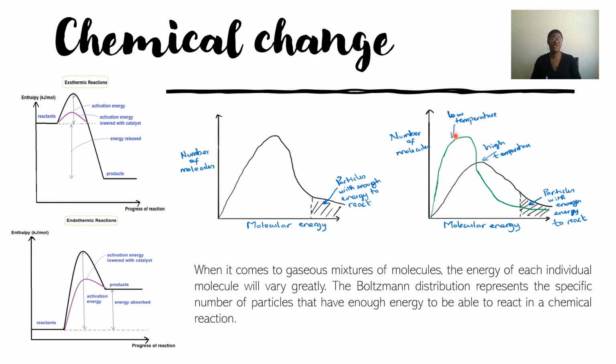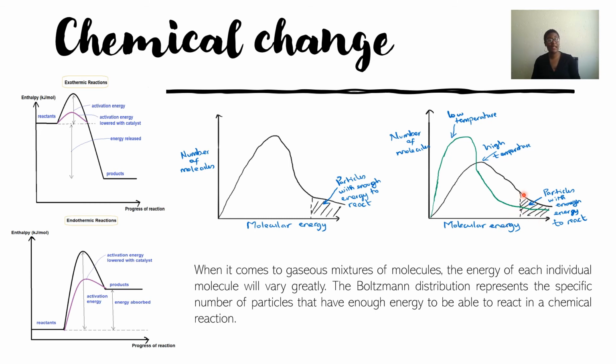Now, if you change the temperature, and temperature is a very important factor, so if there's any question asking you about temperature, you need to take the time to understand, are you dealing with gases? If you're dealing with gases, then your Boltzmann distribution will change, because if there is low temperature, you have far fewer particles with enough energy to react.